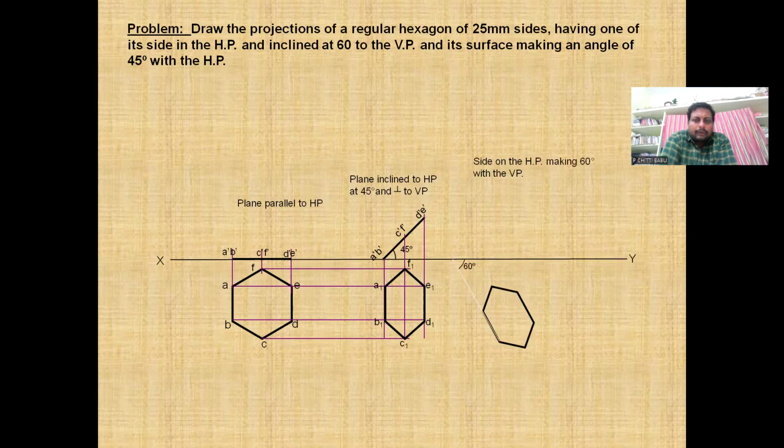Then you need to draw one perpendicular line. Then you locate E point and D point. Then how do we get the F point? So here, directly, we get F point. Don't get confused. First we locate A point, B point.